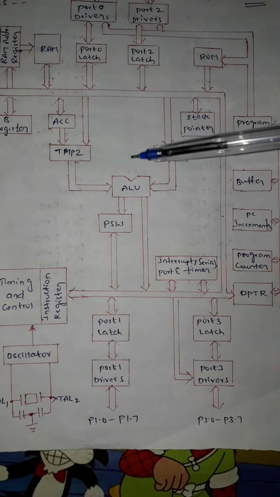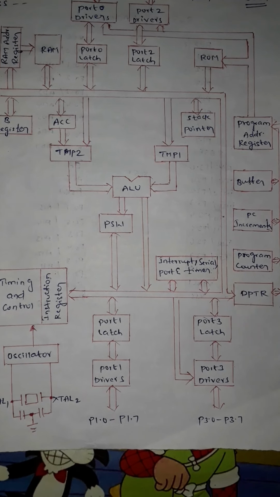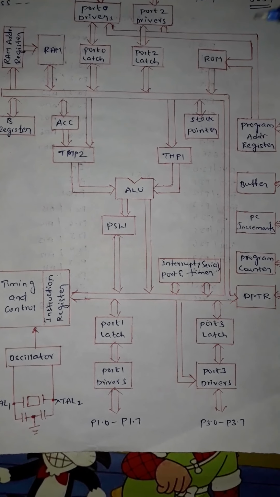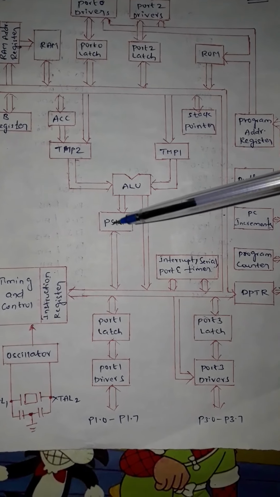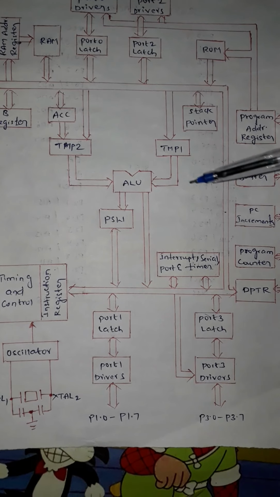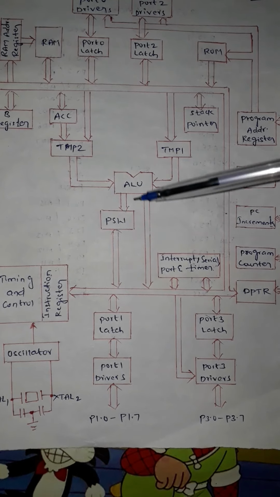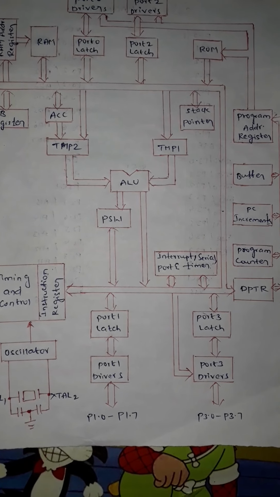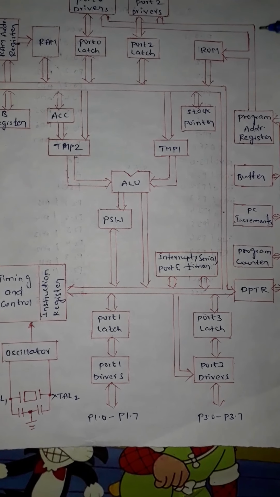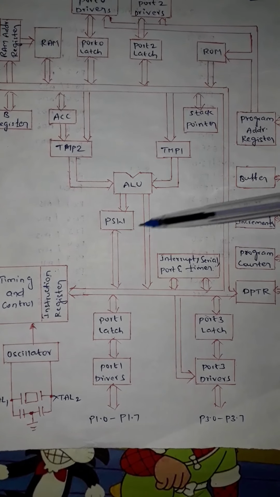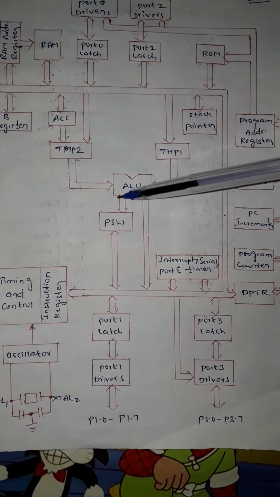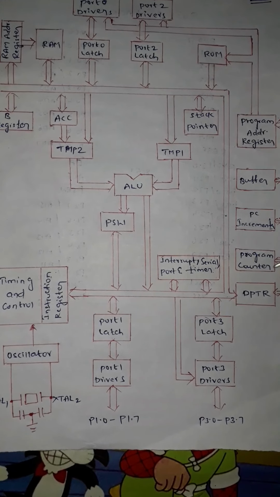Or if there is a parity in the result, then the parity flag is affected. So based on the result of the ALU, some of the flags are affected in the PSW. The PSW gives the status of the instruction after executing it. The size of the PSW is 8-bit in the 8051. We'll discuss the PSW in detail later.